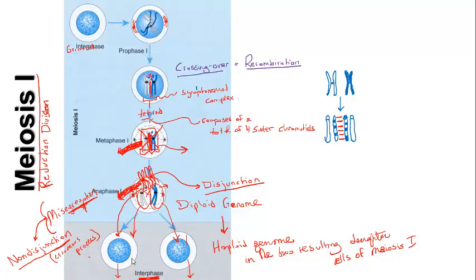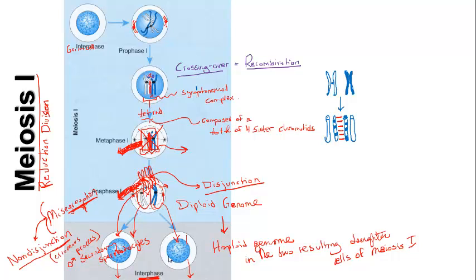But anyways, in the male, these cells are called secondary spermatocytes, okay? So these two cells right here are called secondary spermatocytes in the male.